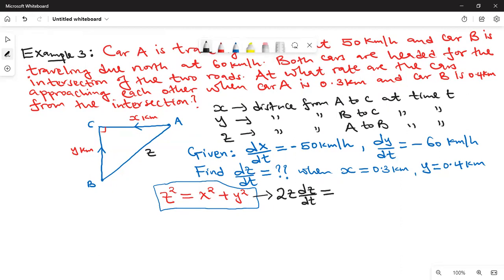On the right-hand side, we are going to get 2x times dx/dt plus 2y times dy/dt. And you see 2 is common, so that will cancel out. You can make dz/dt the subject.